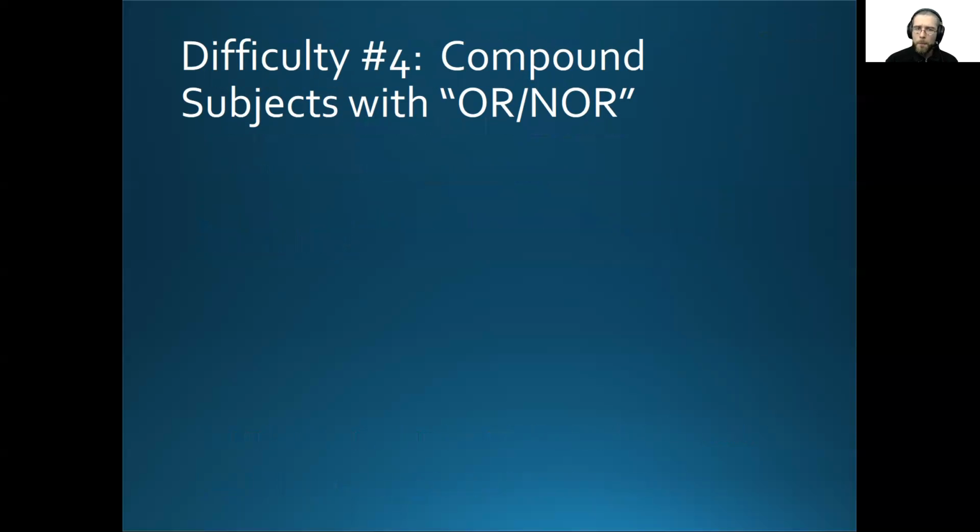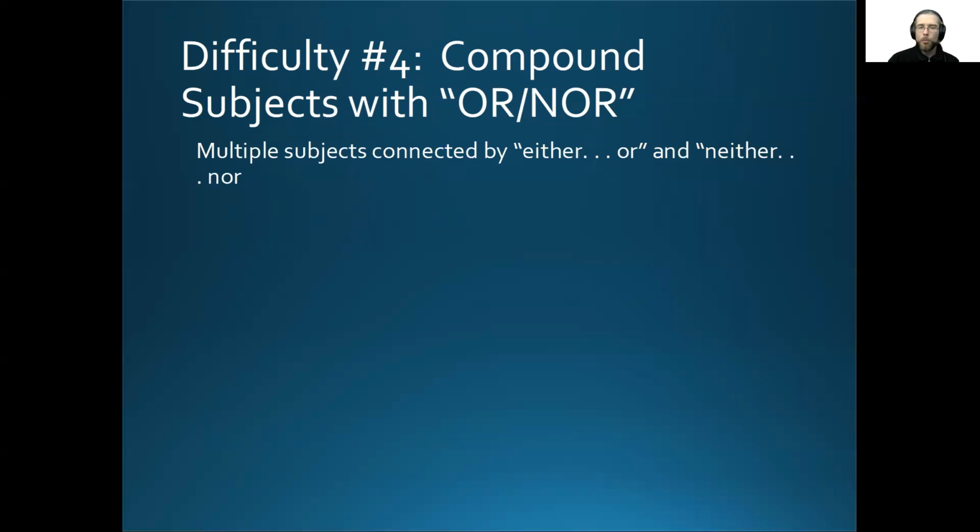Difficulty 4, compound subjects with or and nor. This is another challenging series of exceptions related to conjugation. And really, what you have to do is memorize the specific rules related to how we ensure subject-verb agreement between items in a list using or, nor.